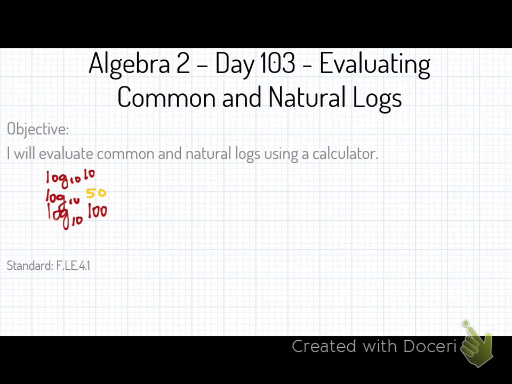So we got log base 10 of 50. The way this works on a calculator is, whenever you work it out on a calculator, you want to make sure that you have your calculator cleared. So press the C button always before you start, or the AC button, making sure it's all cleared. And then if you find the log button, if you click it once, it's going to say error. It's because you need to put a number in before you press that log button. So we're going to press clear again.